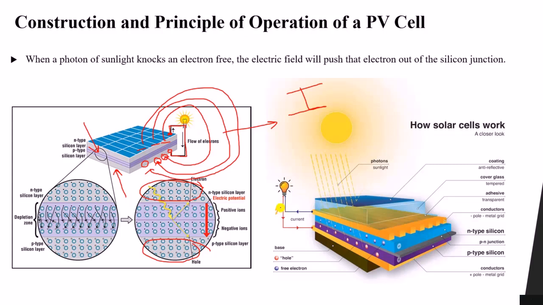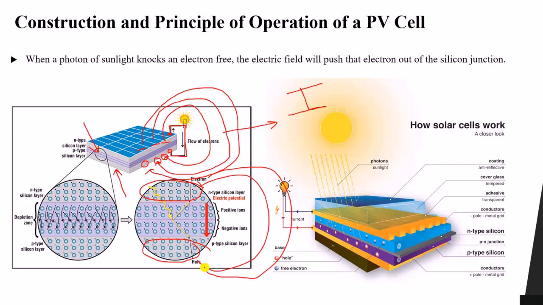I hope the idea is clear. Simply, when we have energy, then due to the presence of the electric field, electrons will accumulate on the n-type silicon layer and the holes will accumulate on the p-type silicon layer. When we connect these two layers together, electrons will go to the holes.